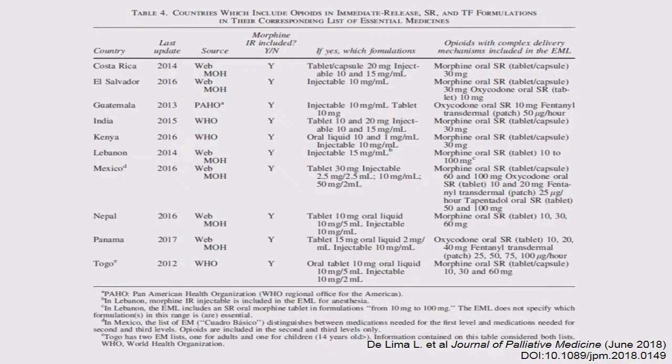And we found that in some countries, all of them had immediate release morphine included in the list of essential medications, but in all of them, the medications on the extreme right were cheaper than oral morphine, despite the systems of prolonged release or transdermal being much more expensive to manufacture. How can a vial be more expensive than a transdermal patch of morphine? There's something wrong here.